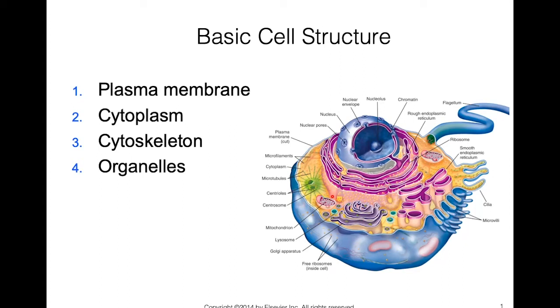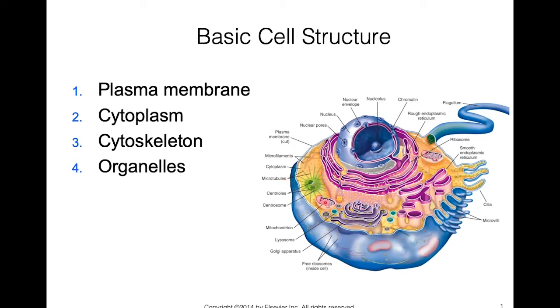And then there are organelles, which are known as membrane-bound organelles. Each of them is like a little machine that has a specific function inside each of our cells. And that's why the cell is known as the basic structural and functional unit of the human body.